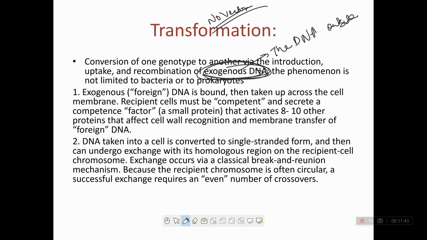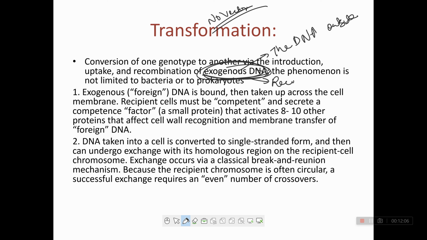In this process, exogenous DNA is taken up by recipient cells. The phenomenon is not limited to bacteria or to prokaryotes, means transformation can take place in other organisms also. What is exogenous DNA?